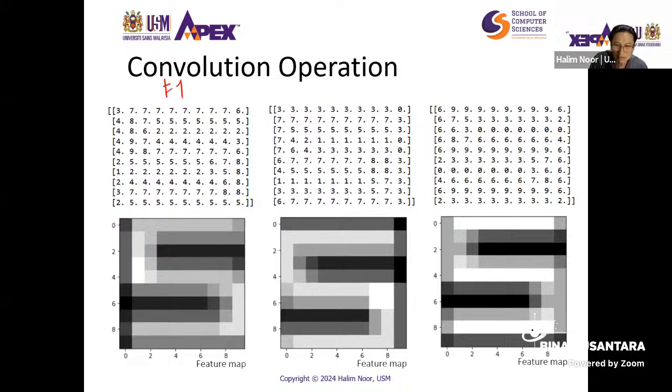When we apply filter 1 to the image, these are the outputs of the convolution operation across the whole image. This is when we apply filter 2, and this is when we apply filter 3.